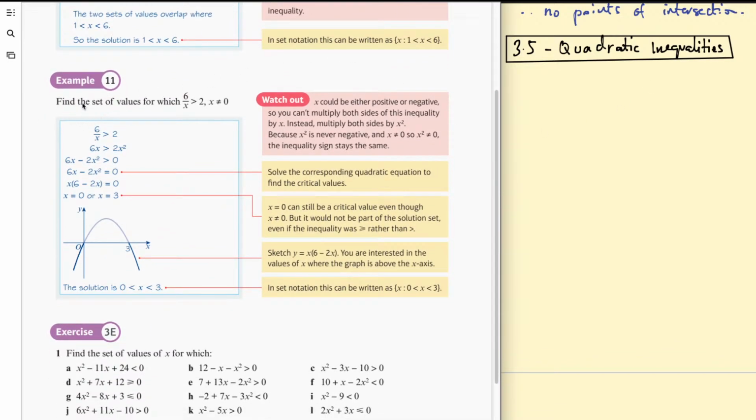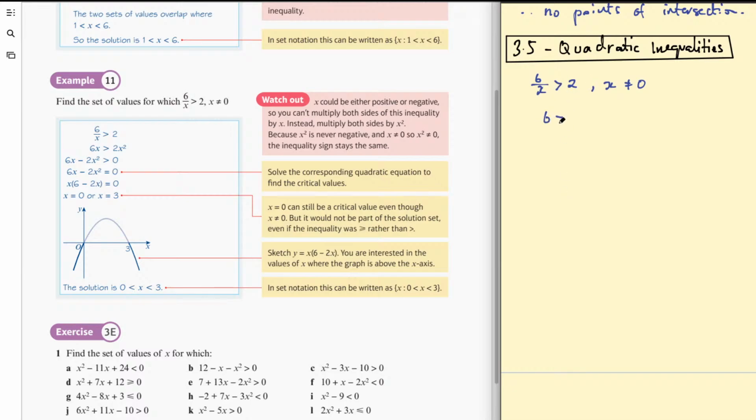Another example. Find the set of values for which 6 on x is greater than 2. That's interesting. Might just write this example down. So if you're looking at this inequality, you might think just to multiply by x.